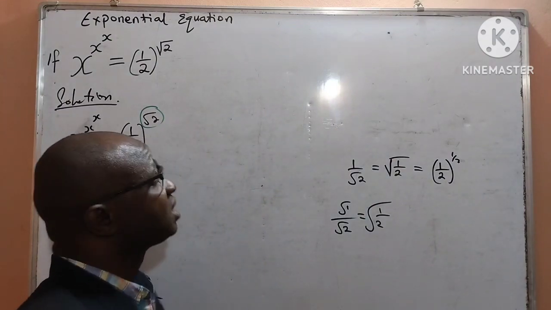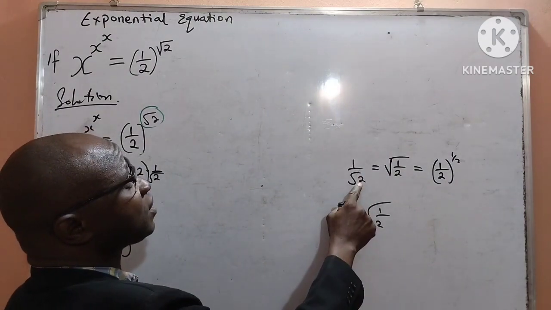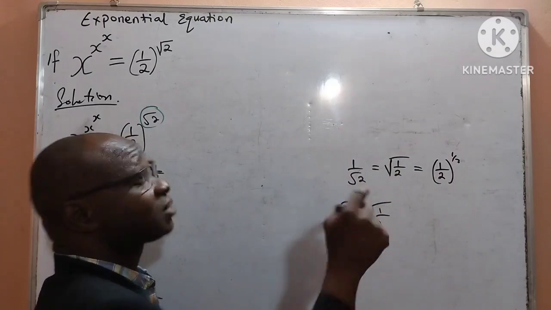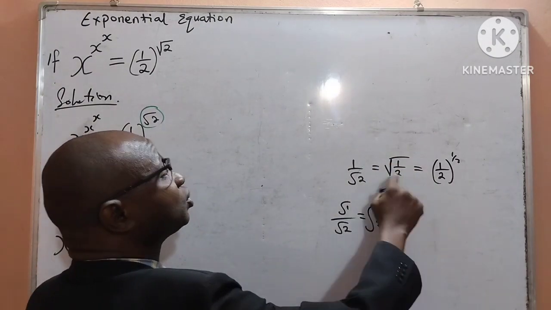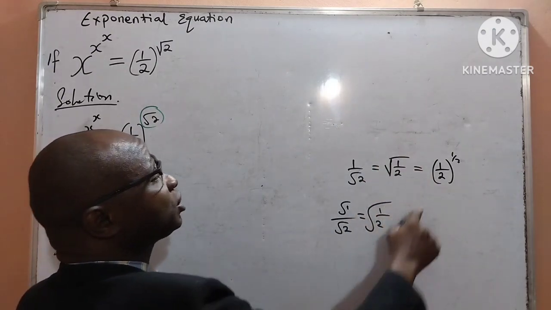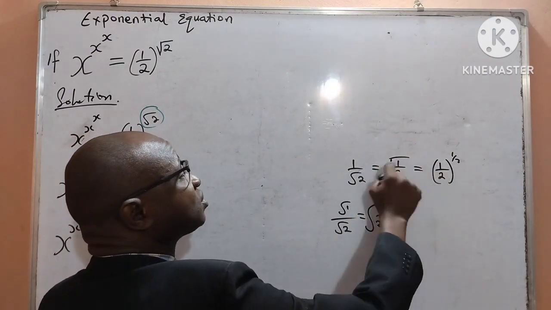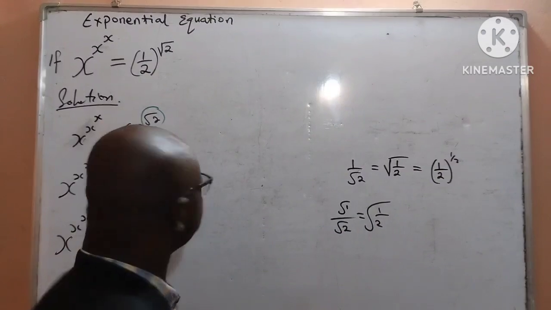It is correct. Therefore, 1 all over square root of 2 is equal to, using square root for both the numerator and denominator, and that is still equal to, using the power approach, 1 all over 2 raised to power 1/2.